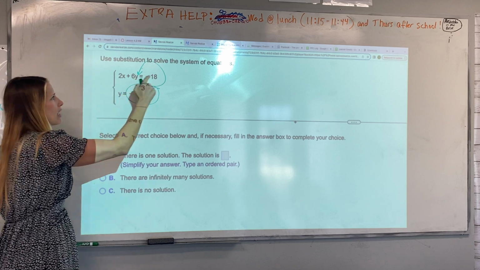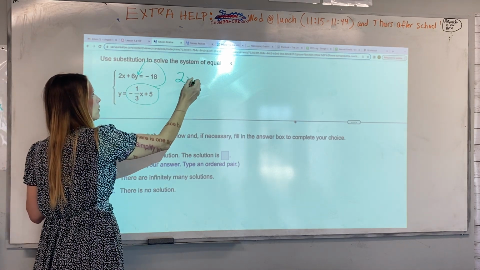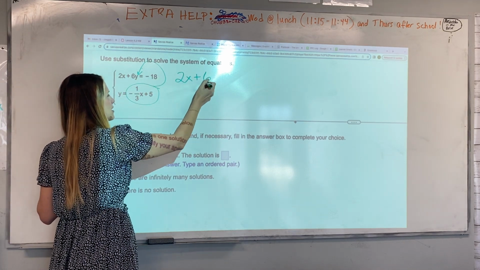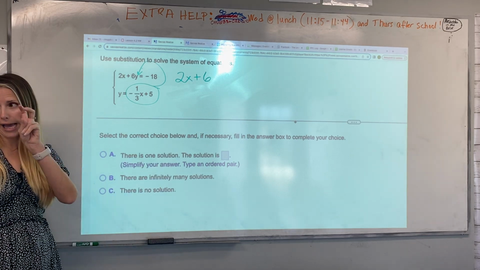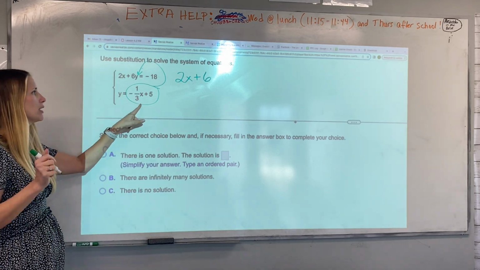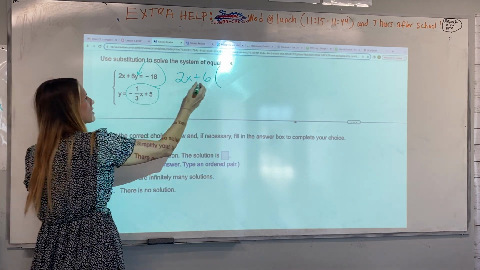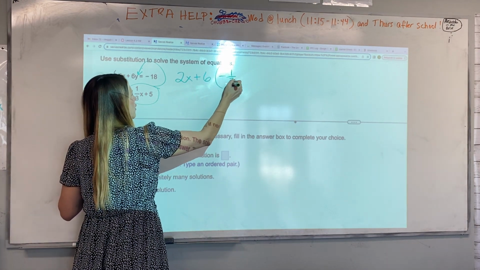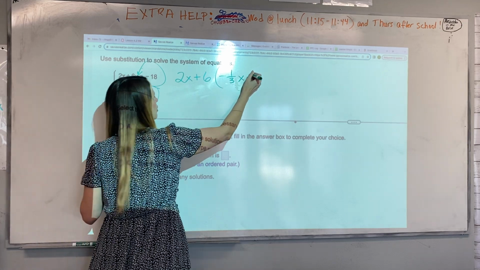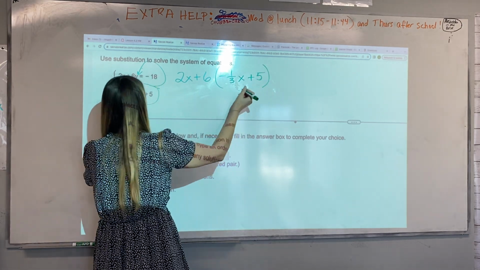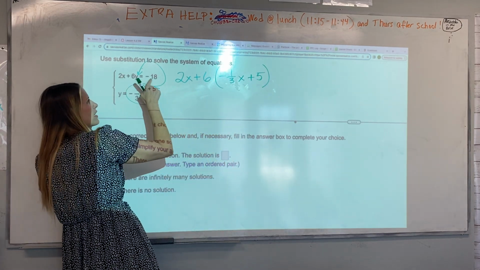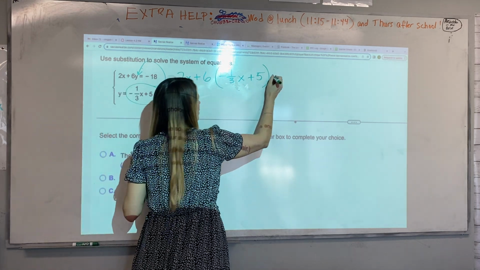So I'm going to rewrite this top equation, 2x plus 6 times y, which we're substituting this crazy thing. I'm going to open up some parentheses. I have negative 1/3 times x plus 5, close parentheses, and then I'm going to continue writing the equation equals negative 18.